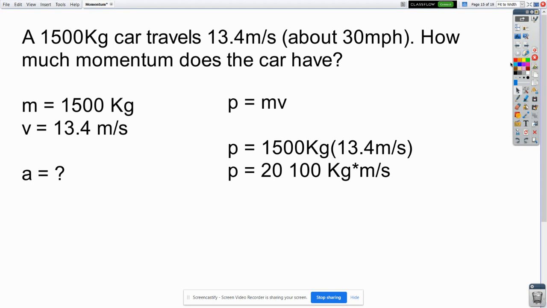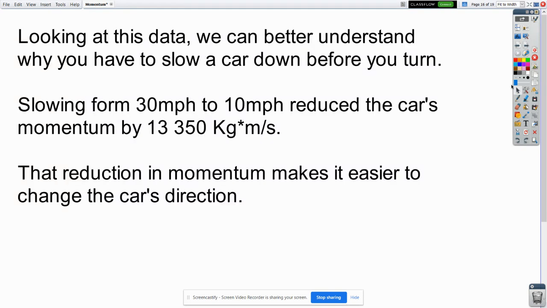And again, this has real world applications. This is why you have to slow down before you turn a car. As you approach a turn, you need to apply the brakes and reduce the velocity of the car in order to reduce the momentum. Going from 30 miles per hour to 10 miles per hour reduces the momentum by 13,350 kilograms meters per second.